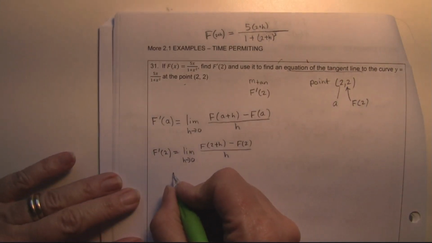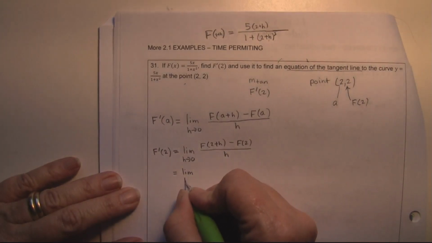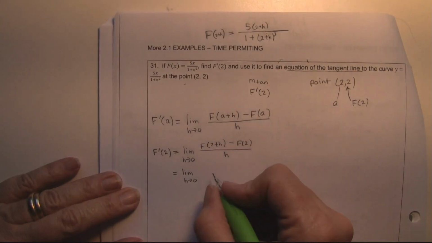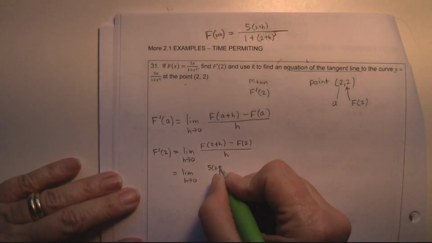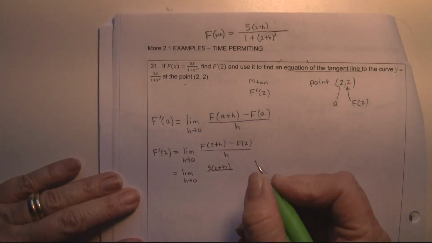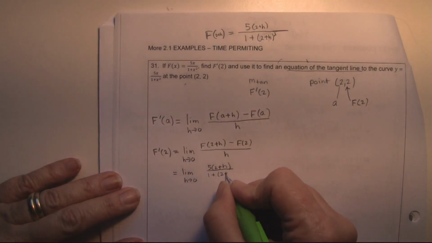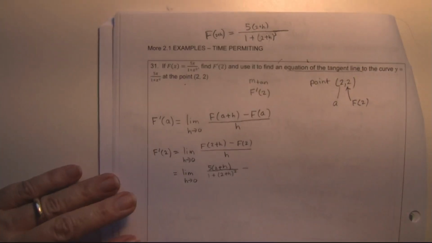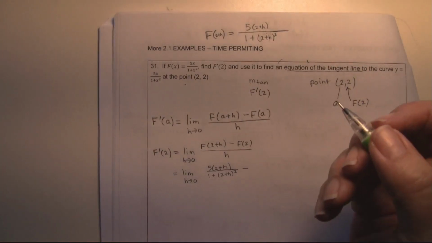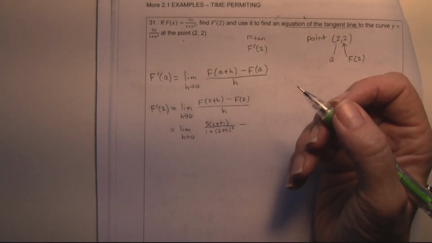So this is the limit. I hope I had enough room to simplify this. This is a lot of algebra. In the numerator, I have 5 times 2 plus h, and in the denominator, I have 1 plus 2 plus h, squared. Minus, and you notice I'm having to write smaller because I started worrying about room.